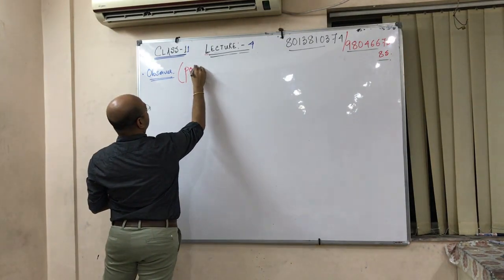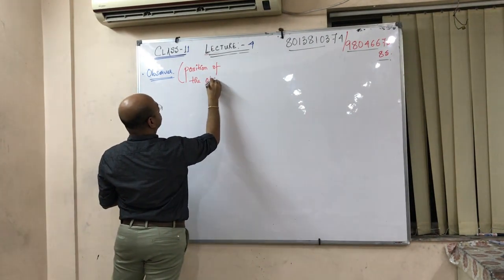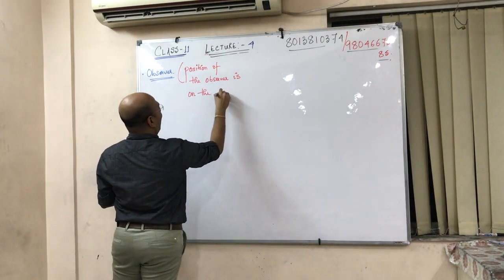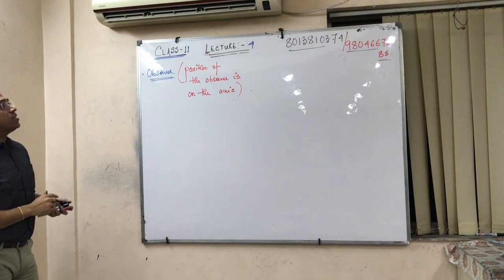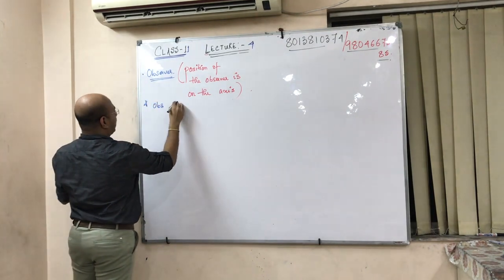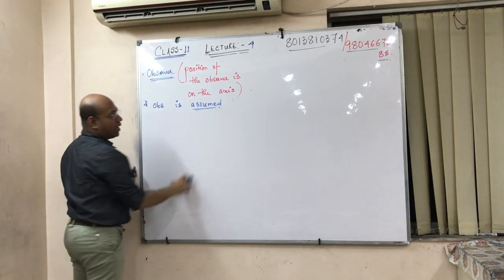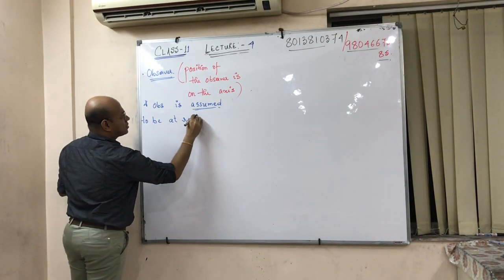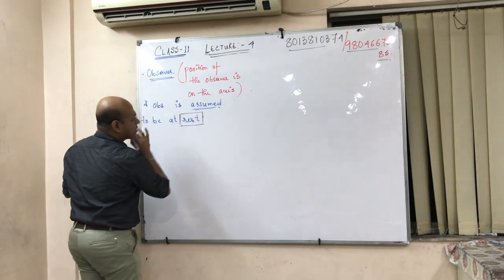We use a term: the position of the observer is on the axis, and the observer is assumed, see, I am using the term assumed, to be at rest.